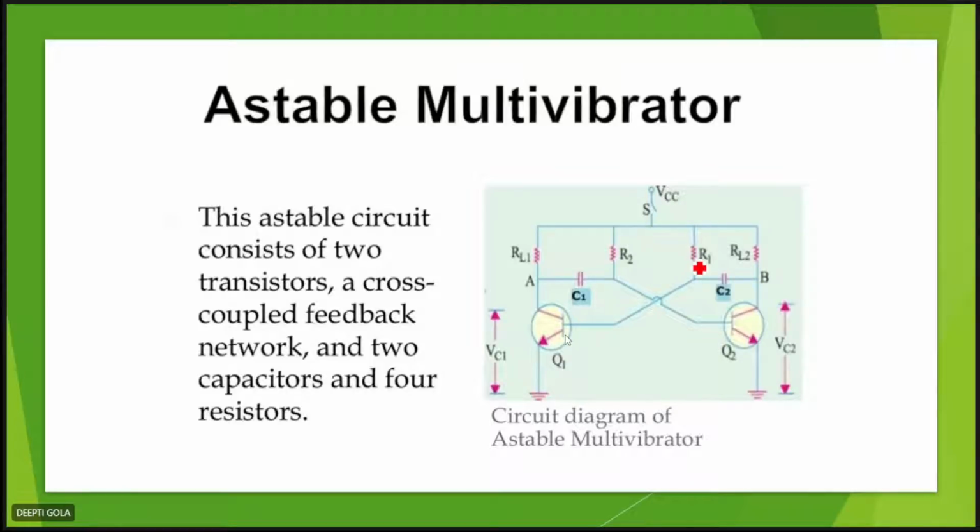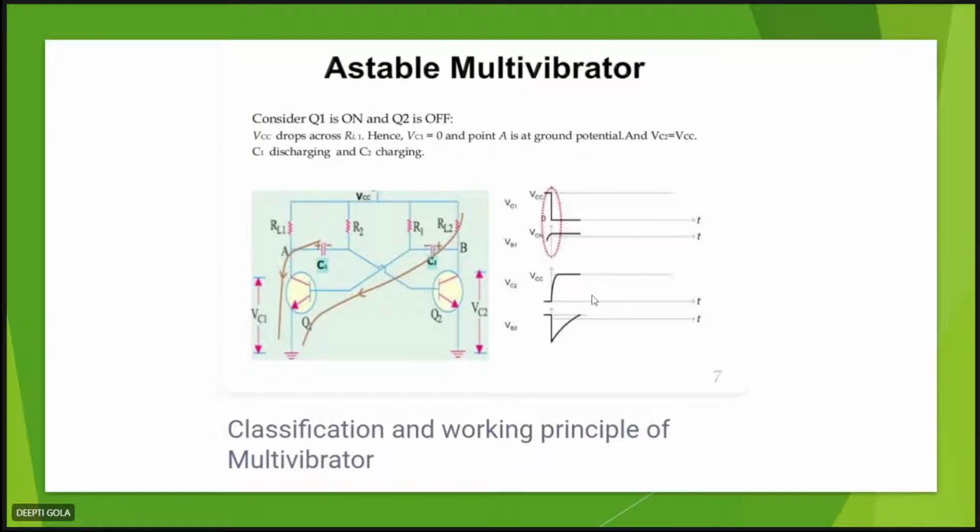Yeah, so like this. Suppose we have assumed Q1 is in the on state and Q2 is in the off state. So VCC will drop across RL2, and VC1 will be equal to 0.